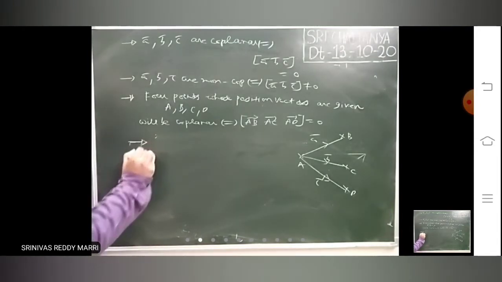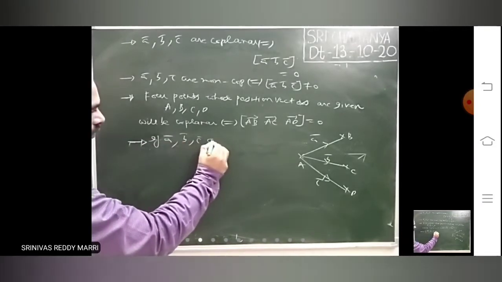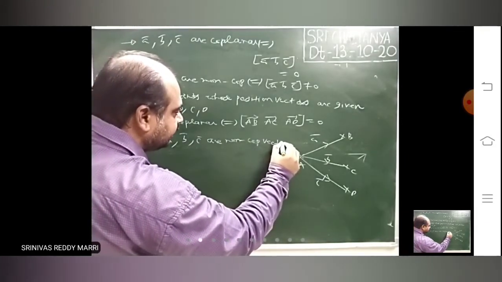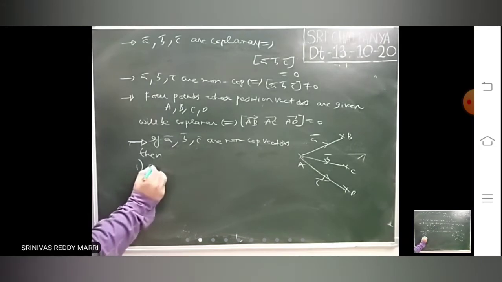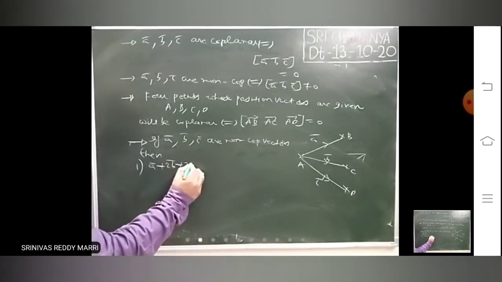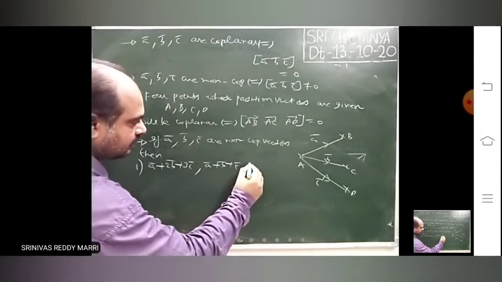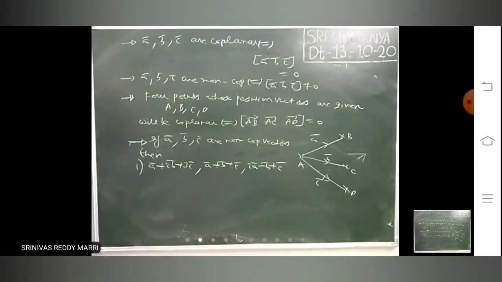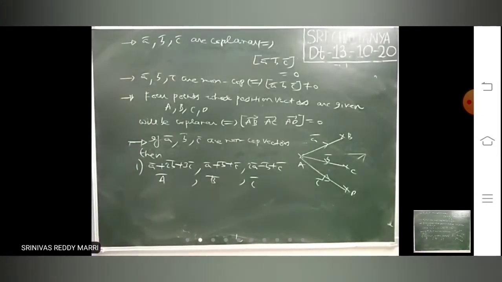Suppose A bar, B bar, C bar are non-coplanar vectors. Number 1, the 3 vectors are given. You have to check whether these vectors are coplanar or not. Let us say this is A bar, this is B bar, this is C bar.